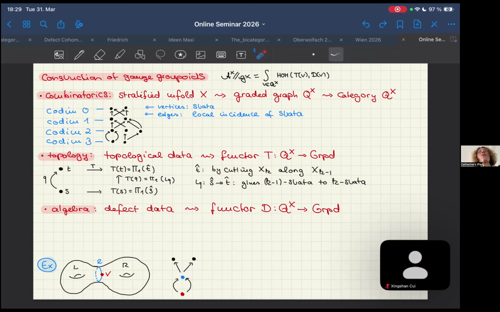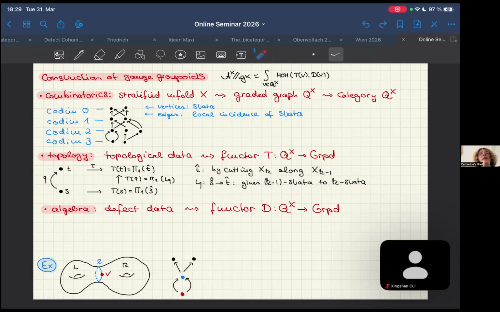So the boundary of the stratum is in there as well. It has a boundary, it's not open. And the edges here give us continuous maps that describe how we glue a lower dimensional stratum to a higher dimensional one. So this glues the k-1 strata to the k strata. And this defines a functor.